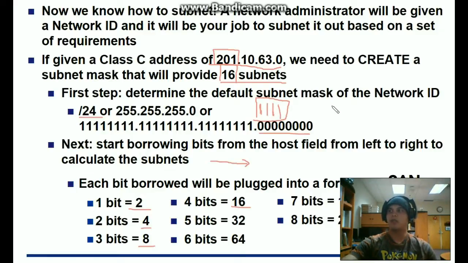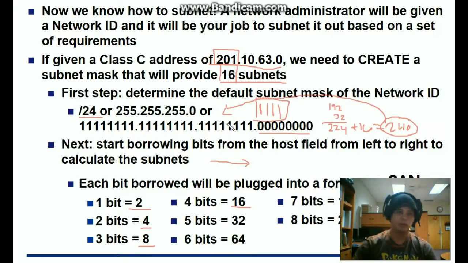So 128 plus 64 is 192. 192 plus 32 is 224, plus 16, 240. That is our new subnet mask. Add that on to the original default subnet mask, and bam, we have just created a subnet mask that will give us 16 subnets.